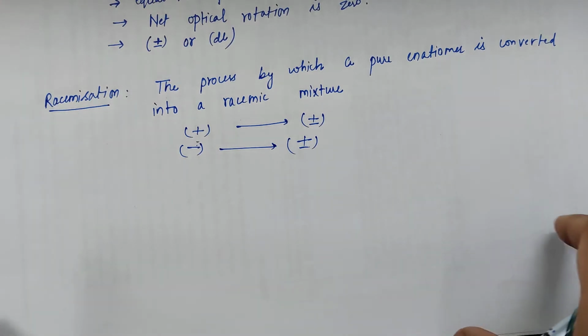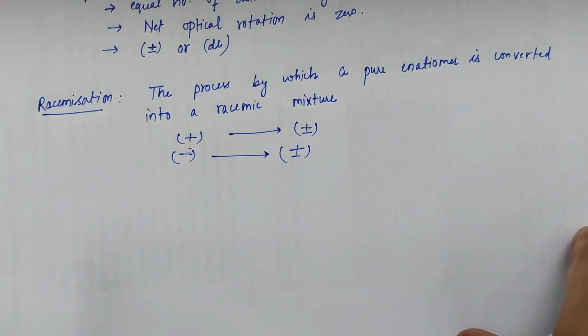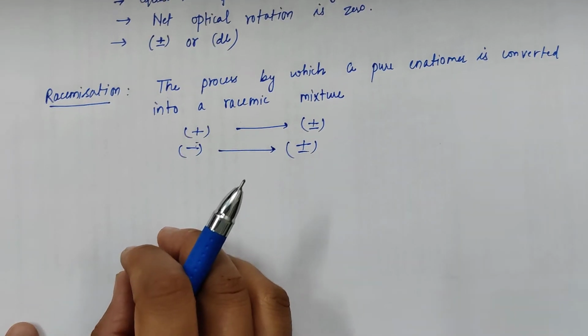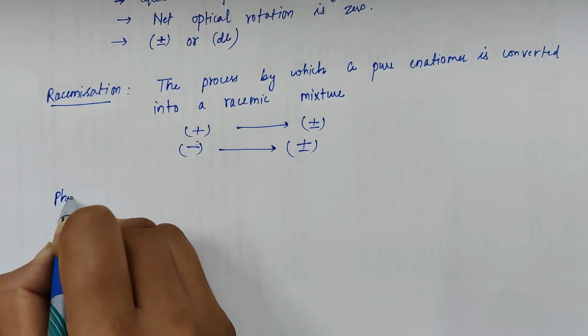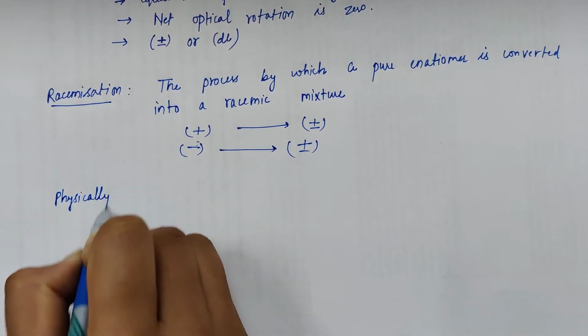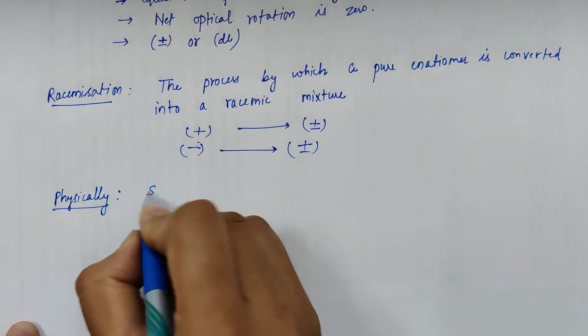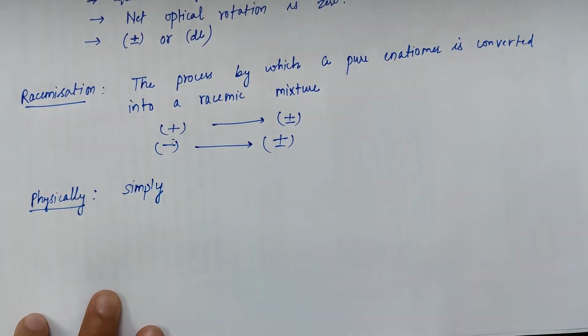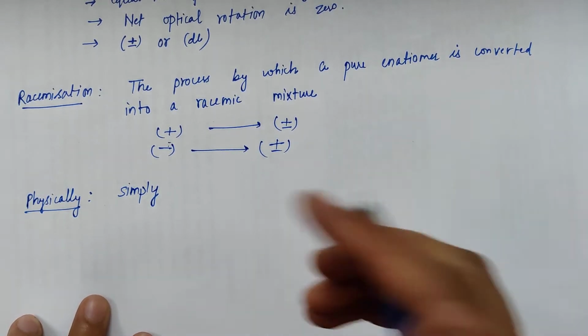Now how is racemization done? There can be many processes. First of all, very simple is physically, by simply mixing equal amounts of two pure enantiomers.